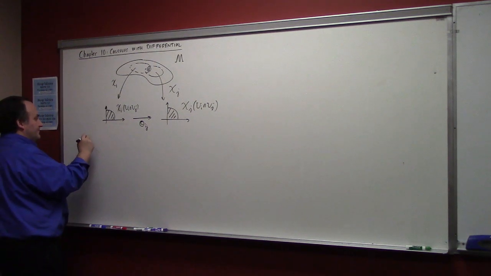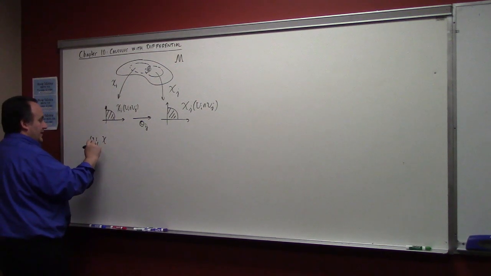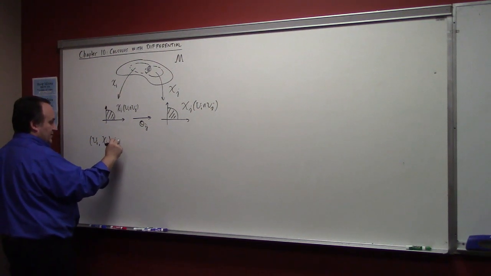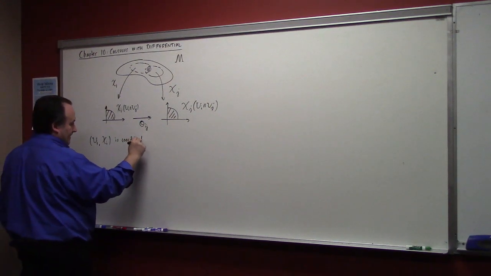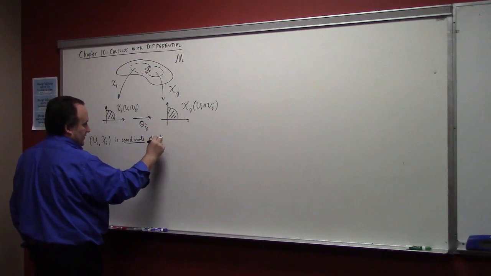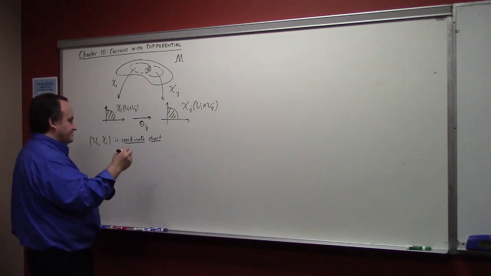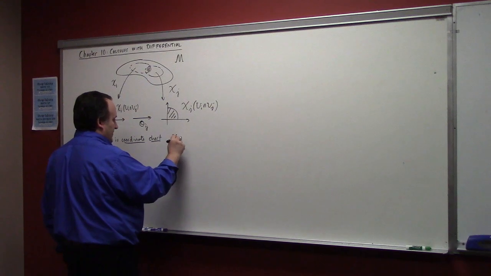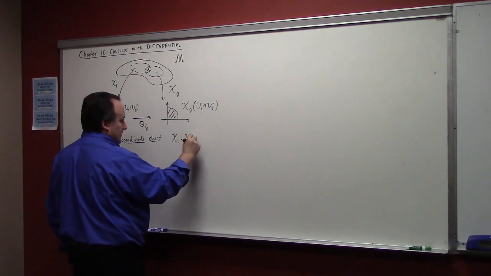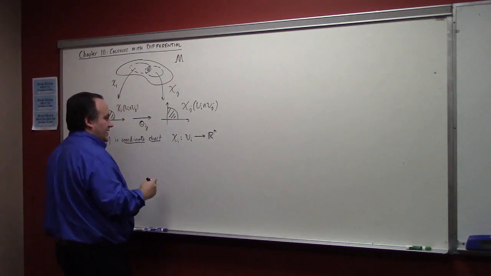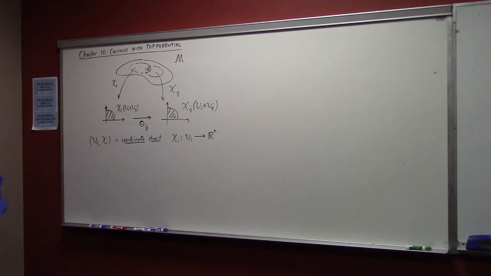Now here, let's see here, (Ui, xi) is a coordinate chart. Although the domain of the coordinate chart, of course, is the Ui. And here we have that xi is a mapping from Ui to Rn, all right? And basically we assume that these mappings are in fact homeomorphisms, all right?